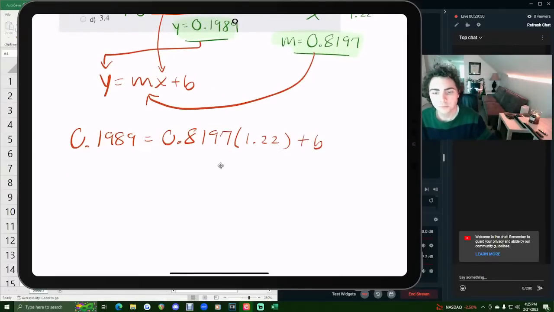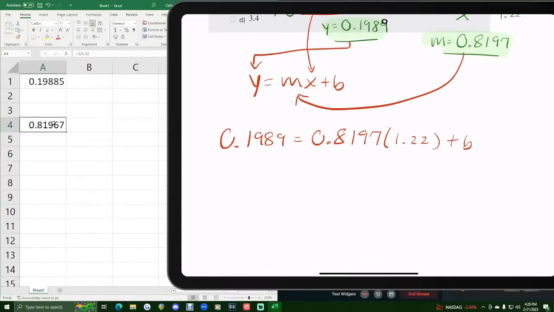So I'm going to multiply 0.8197 by 1.22. So I'll just do this, which is the 0.8197 times 1.22, and we get, wow, we get 1. That's cool. Yeah, I guess that makes sense because we got that by doing like 1 divided by 1.22, I think.